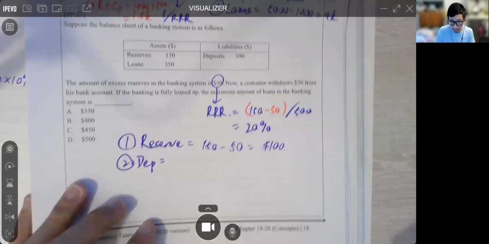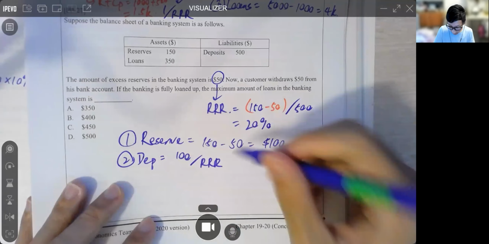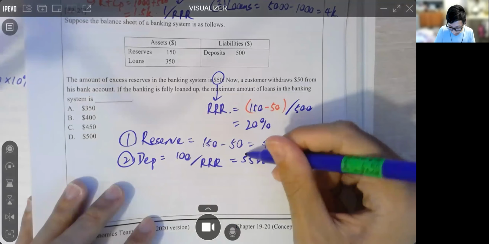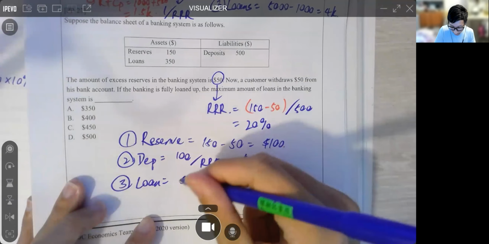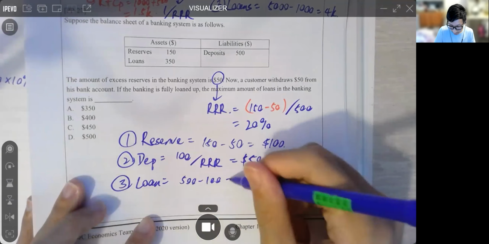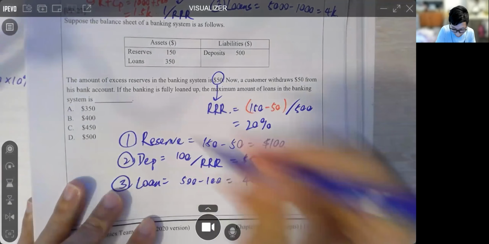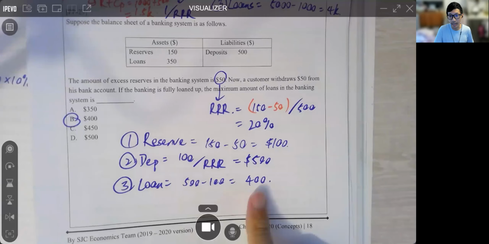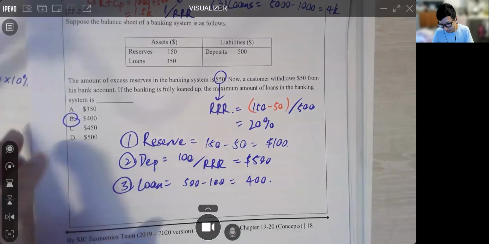If it is fully loaned up, then it should be this one divided by RRR, which is 20%. So 500. So finally, loan would be 500 minus 100. That would give us 400. The maximum amount of loans in the banking system would be 400. Exactly 400. Okay, team. Now, let's move on.